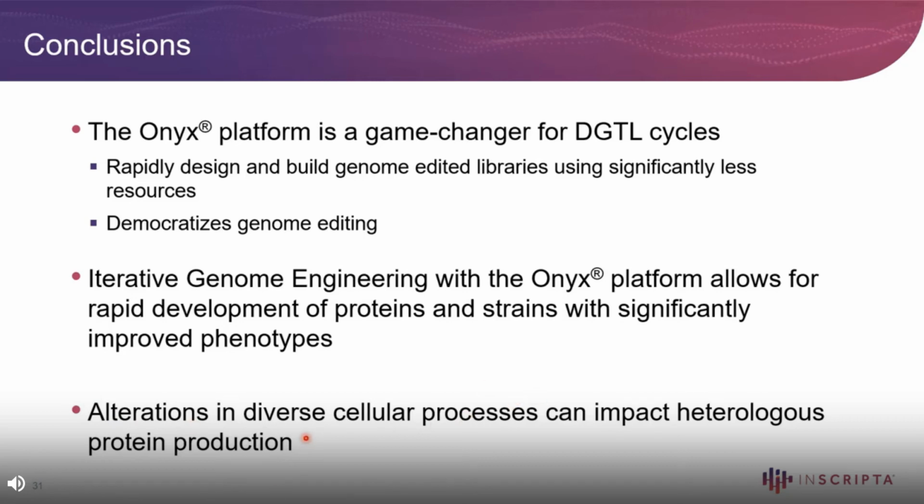It was kind of amazing to me that we identified 69 different hits throughout the genome that could improve CBH1 production. So it really suggests that there's lots of different pathways and lots of different genes that are involved in heterologous protein production, lots of opportunities to optimize your strain and improve the production of your protein.